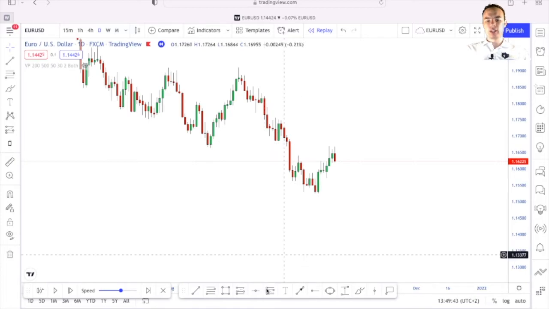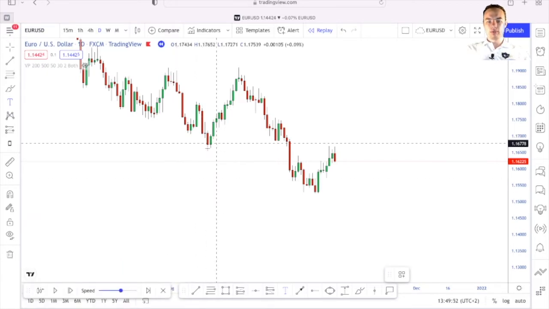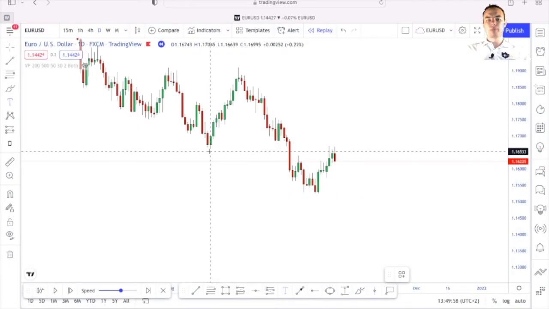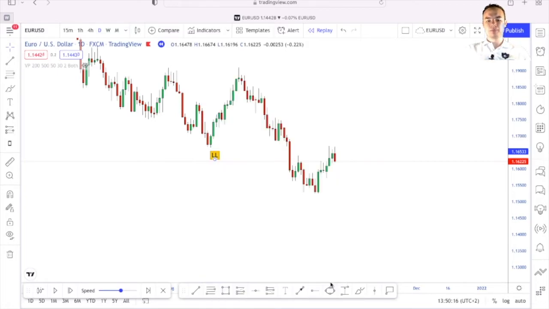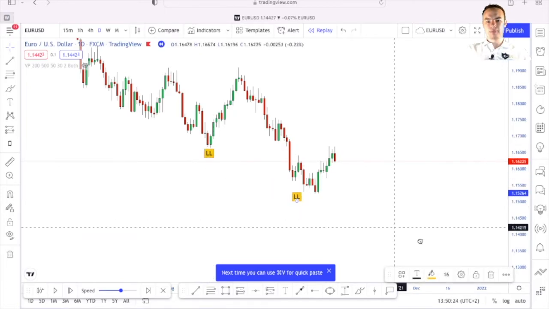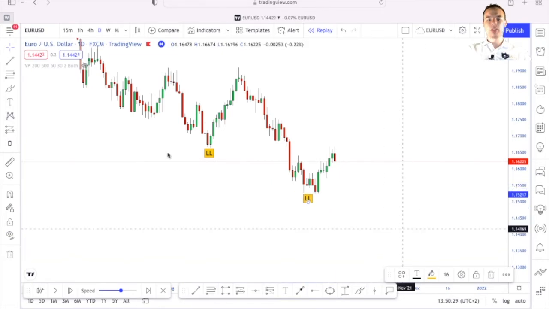So it's making lower highs and lower lows, lower low, as well as here, over there.